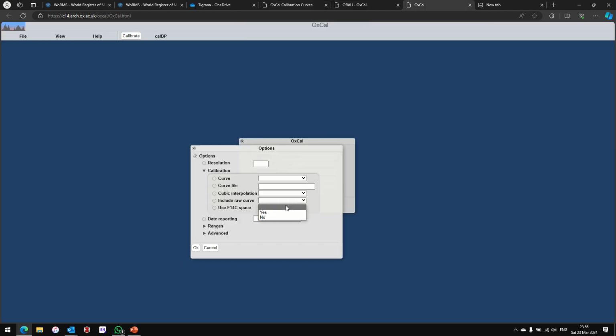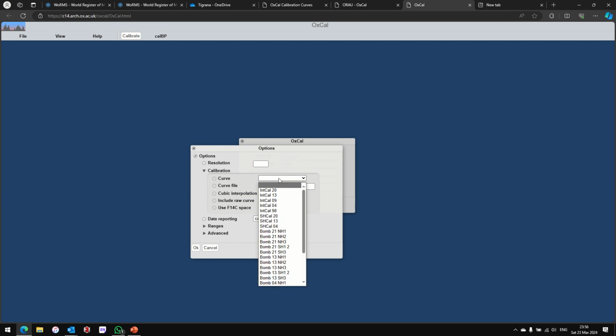And I'll include raw curve, yes. A cubic interpolation, I really have no idea what that is. Date reporting, I want that to be in cal BP instead of common era. Parameters. And so I'll go for that.